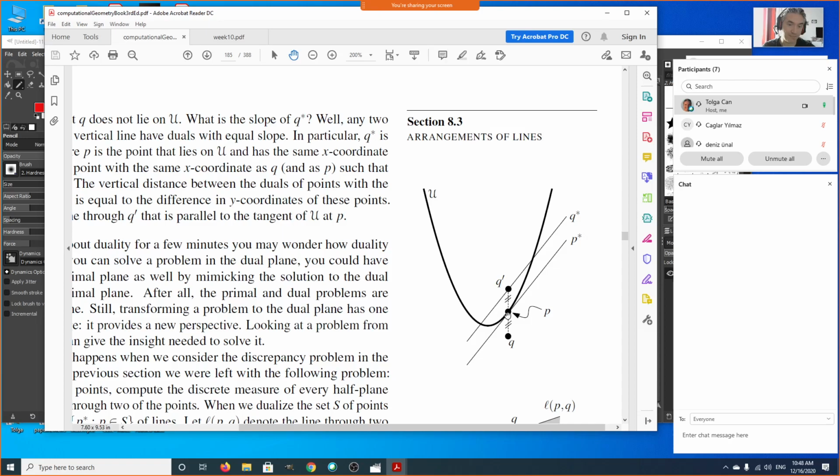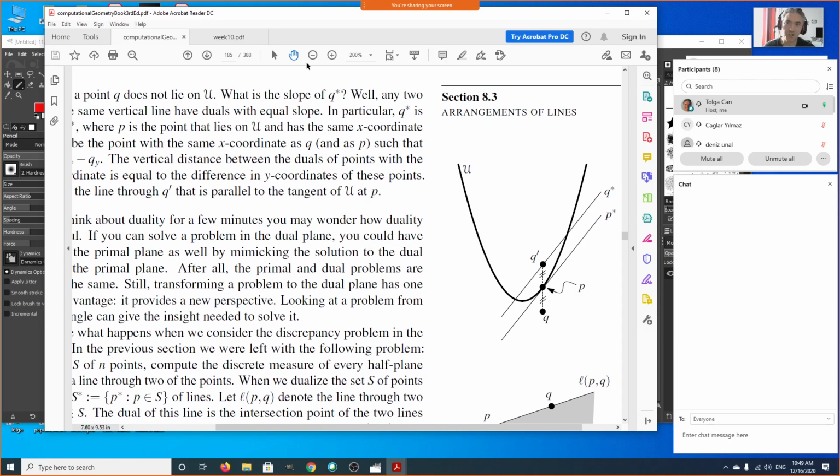You find the point that you intersect the parabola at that x coordinate. That becomes the slope of your line. But the actual line is a little bit shifted, and the shift is equal to the distance of your point to the parabola. So for example, if you have a point here, let's call it point R, its dual line will be somewhere here, which is parallel to this P star and Q star.